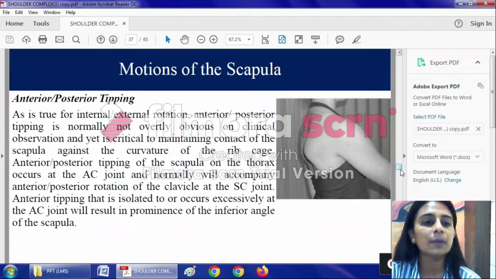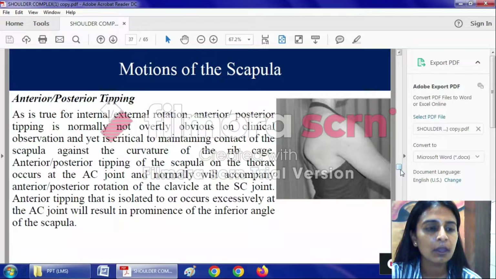Now, anterior posterior tipping. As is true for internal external rotation, anterior posterior tipping is normally not overtly obvious on clinical observation, and yet is critical to maintaining contact of the scapula against the curvature of the rib cage.